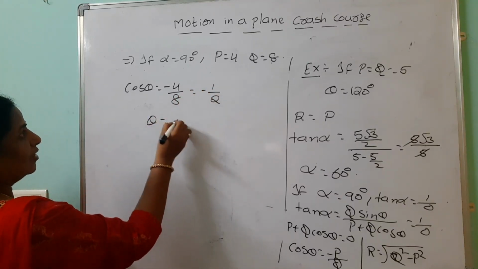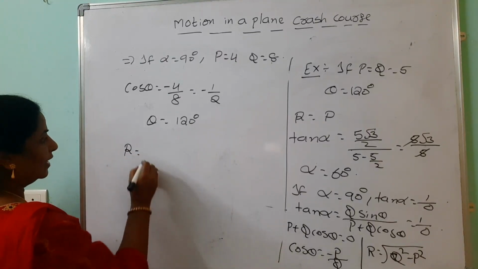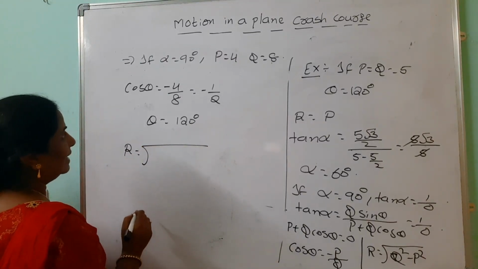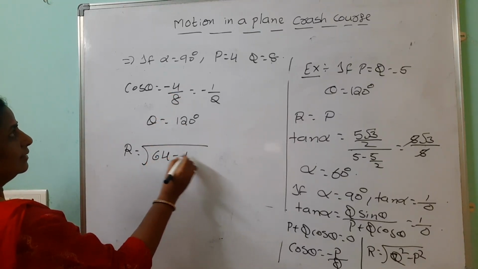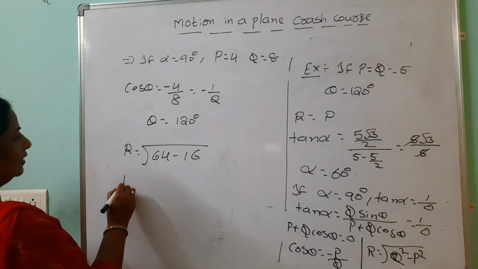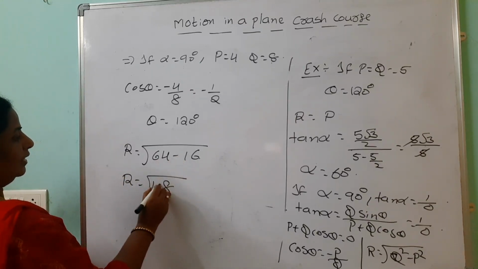So theta is 120 degrees. Like that, the resultant you can directly find using the formula under root Q square minus P square. Here Q square is 64 minus 16, so 48.